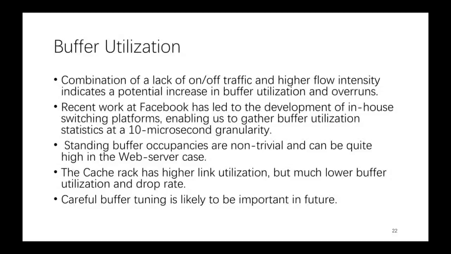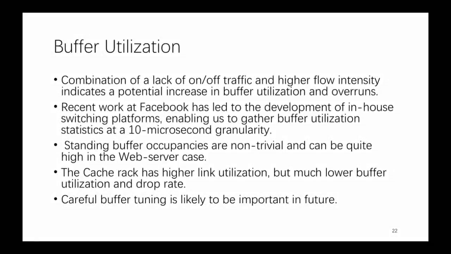As we saw, we do not have an on and off traffic system in the Hadoop, and there is a high intensity flow and bursty individual flows, so there is a potential increase in buffer utilization, which also causes overruns. Recent development in Facebook switching platforms enabled us to gather buffer utilization statistics at fine granularity.